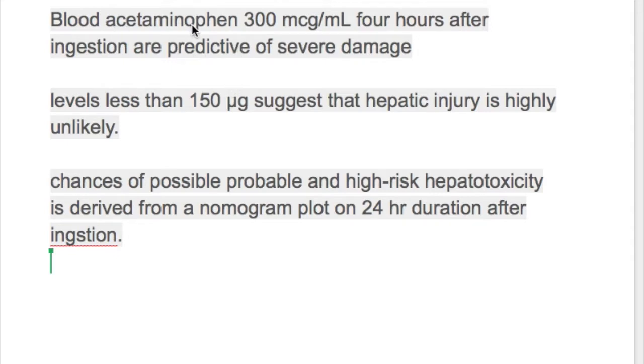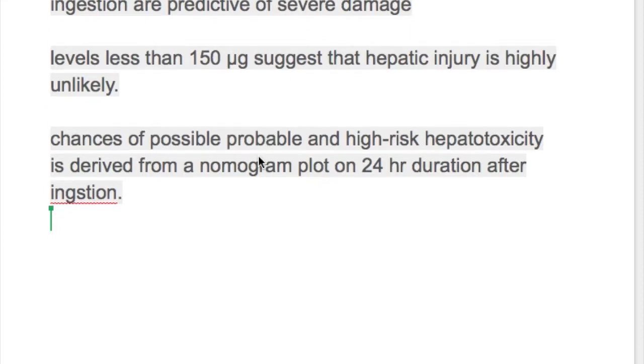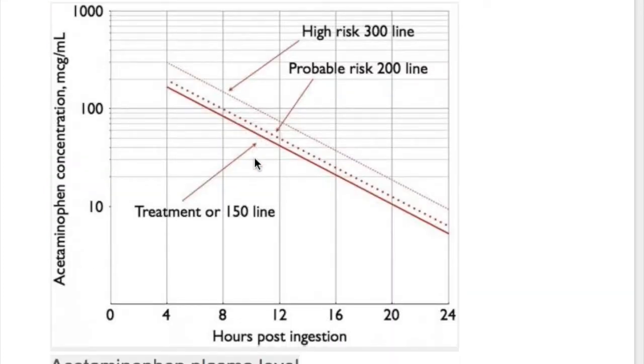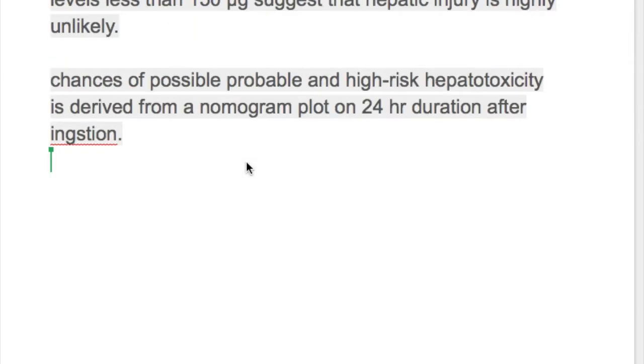A blood acetaminophen level of 300 microgram per milliliter 4 hours after the ingestion is indicative of severe damage, and a level less than 150 microgram suggests that hepatic injury is highly unlikely.